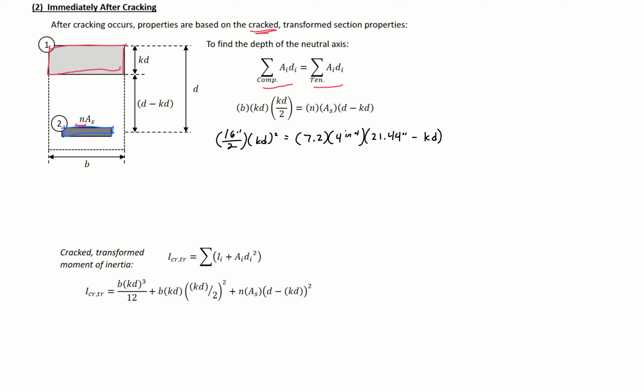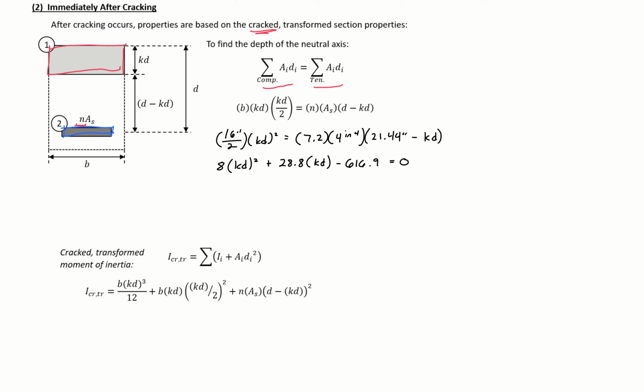This will be a quadratic expression, so we can set it up as 8 KD squared plus 28.8 KD minus 616.9 equals 0.